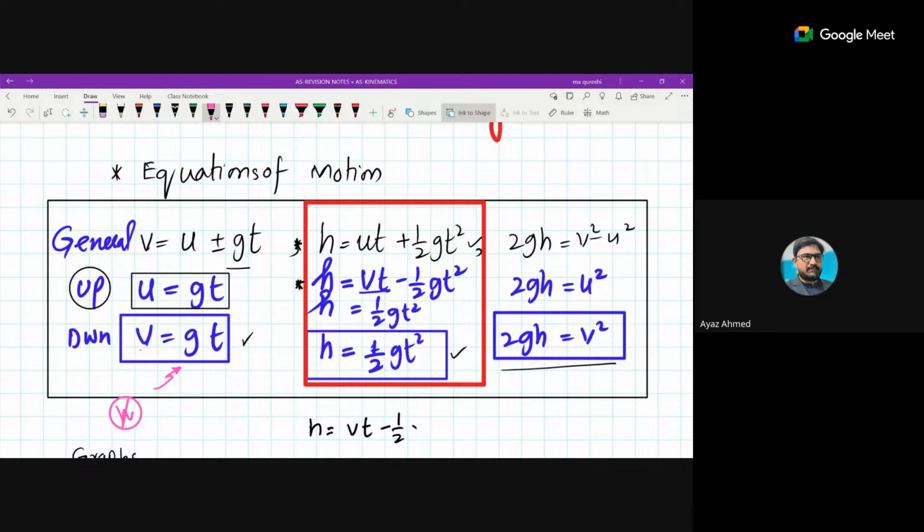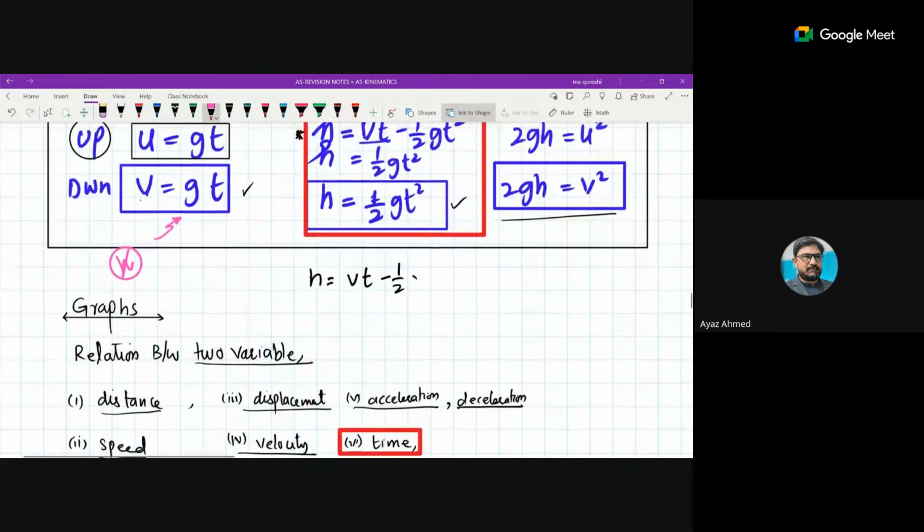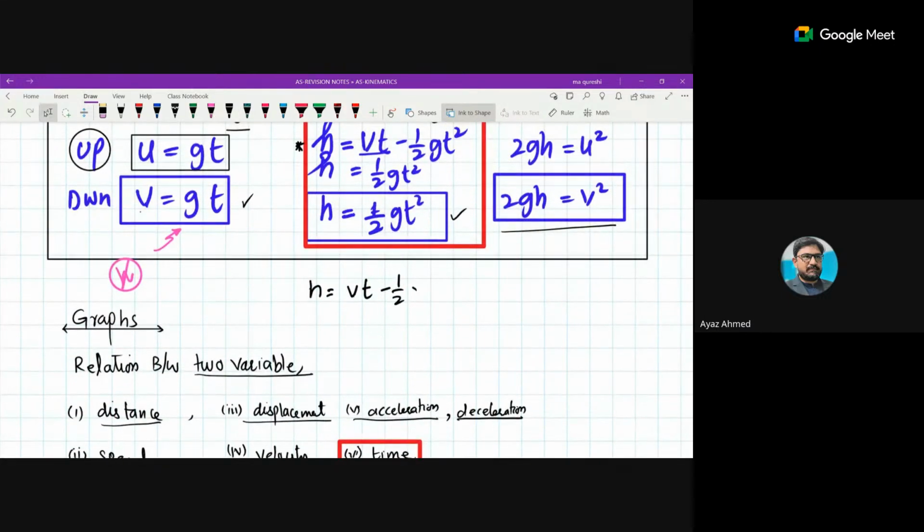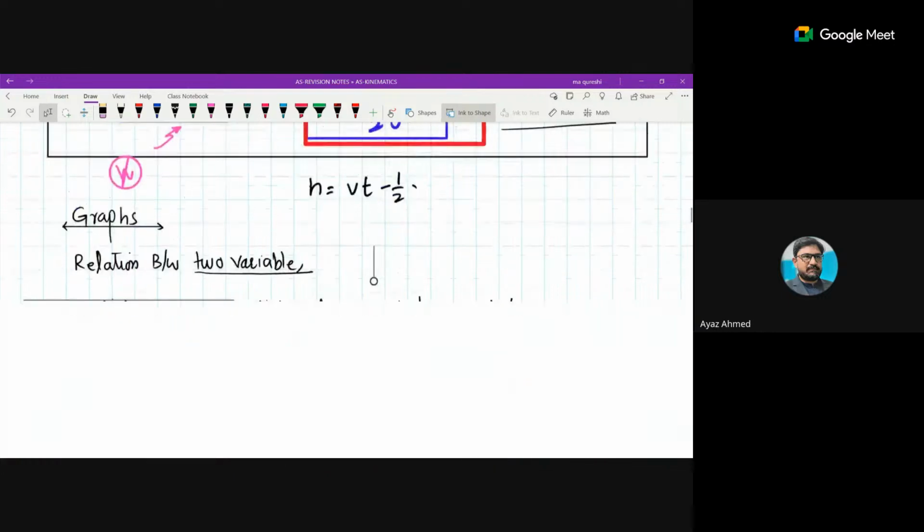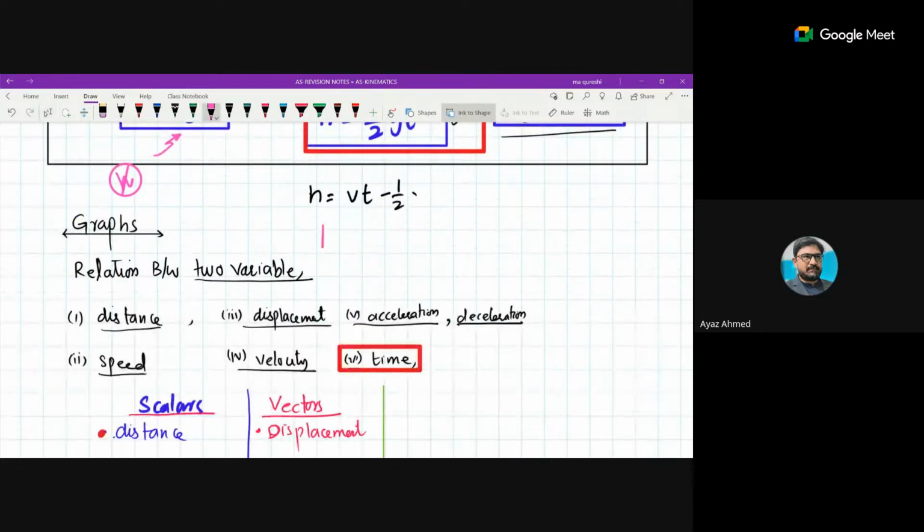If you just keep u as 0, then this all will be gone. So here the height is ut plus 1 by 2 gt square, or the height is vt minus 1 by 2 gt square.